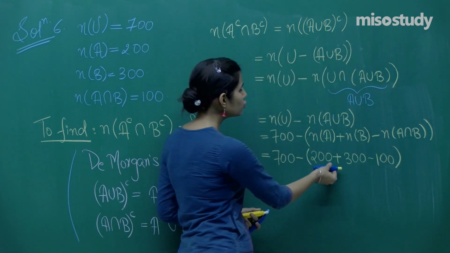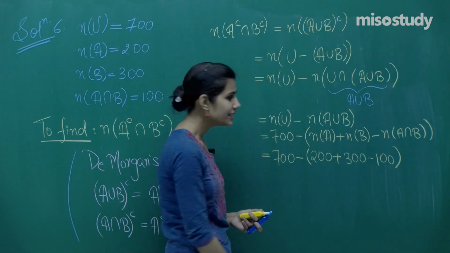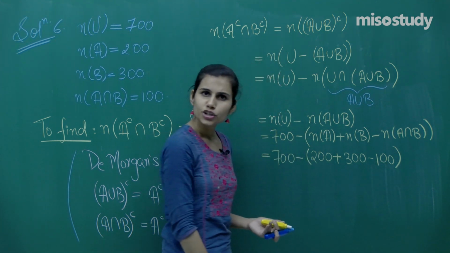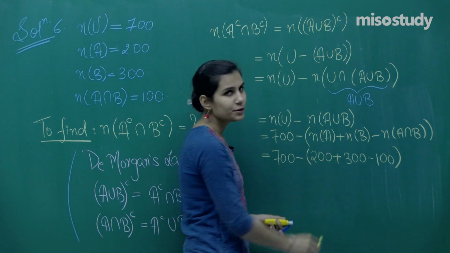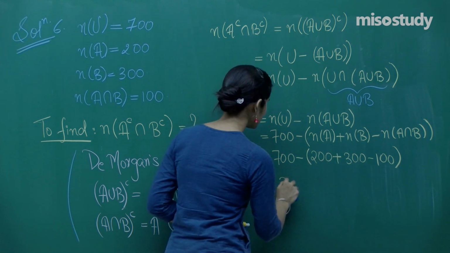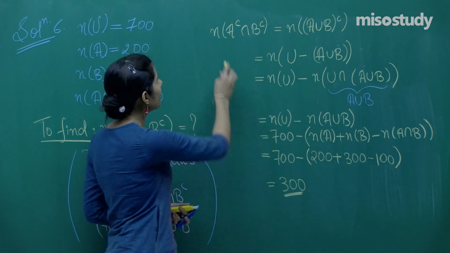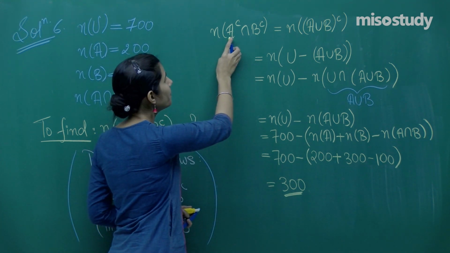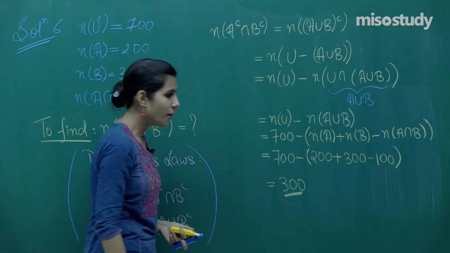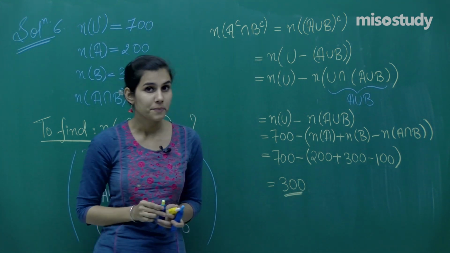Then what you get is 200 plus 300 is 500. 500 minus 100, you get 400. 700 minus 400, you get 300. And therefore, number of members sitting inside A complement intersection B complement is 300 members.